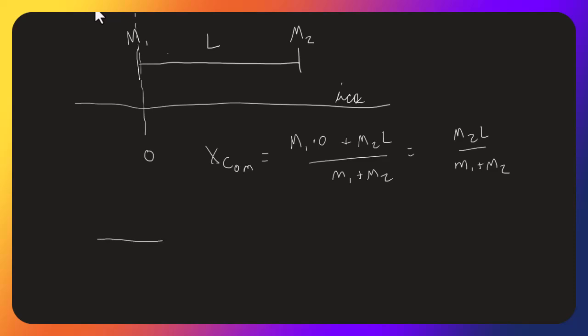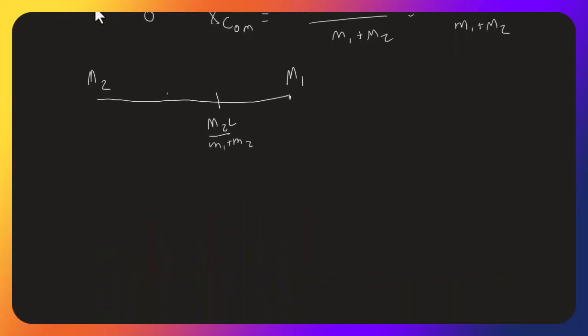Now we don't know where 0 is, but we know that the center of mass, wherever that happens to be, m2 L over m1 plus m2, has not moved. That's going to be in the same place. And now we have m1 here, and we have m2 here. And this is length L.